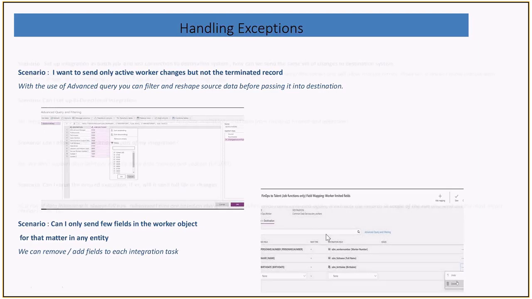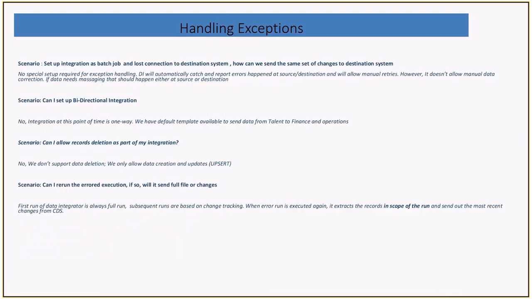Moving ahead, one of the other questions is, if you already scheduled your integration as a batch job and it's automatically running and then you lost the connection to the destination system, how can you recover from that? How can you resend the same data set?